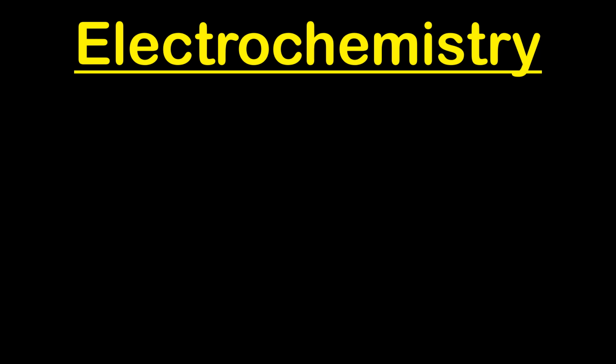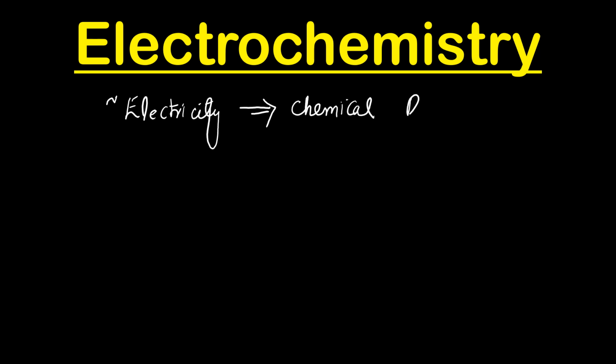Now, dear students, the second way of studying electrochemistry is the electricity or electric potential causing chemical reactions between different atoms.